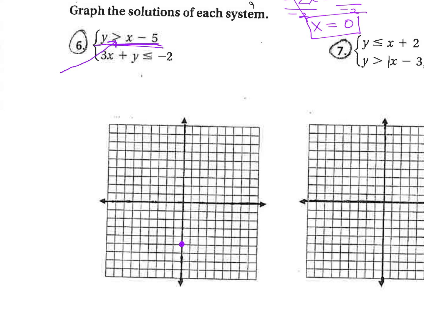Do you remember what kind of line this is when it's greater than? Is it dotted or solid? This one's dotted, okay? If it doesn't have the bar, it's dotted. This one is solid. Okay, so my slope for this line is what? 1. Okay, so we're gonna go up 1 over 1, up 1 over 1, up 1 over 1, and we said it's a dotted line.